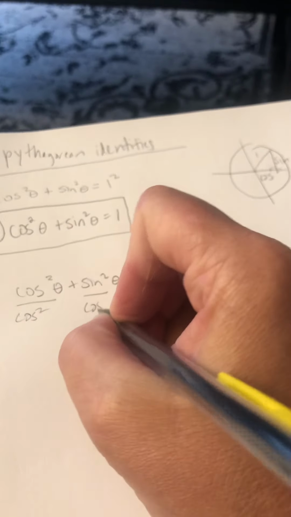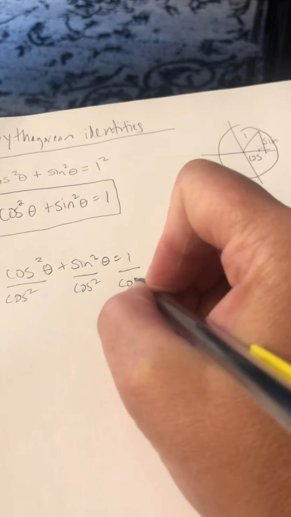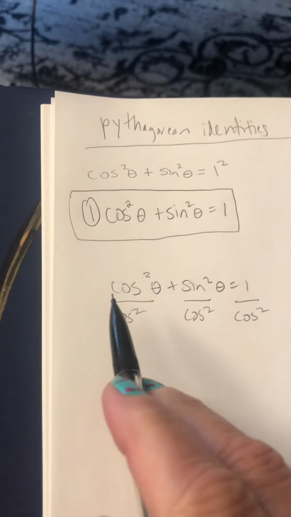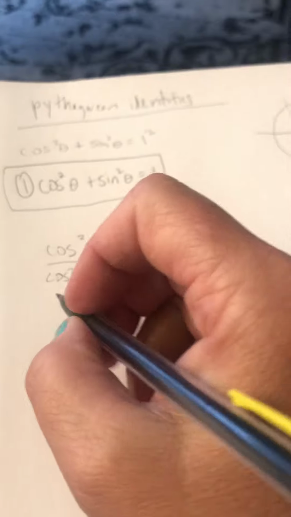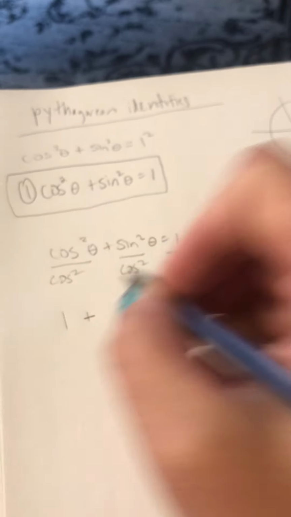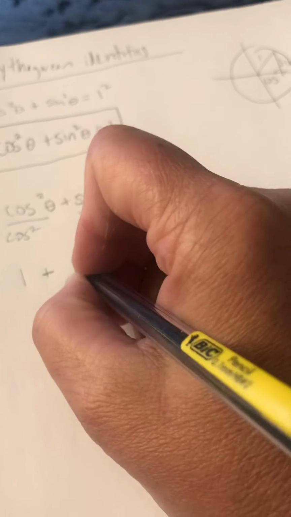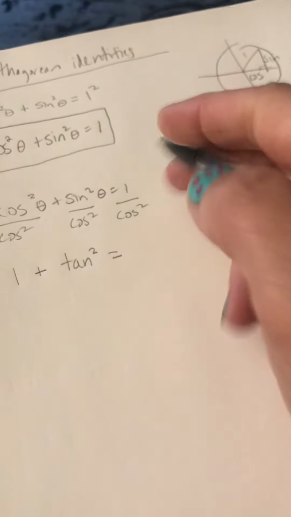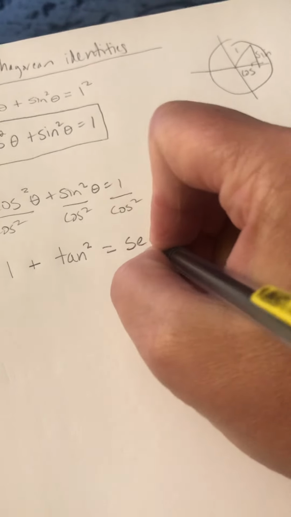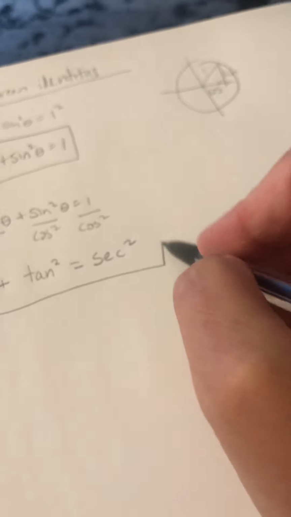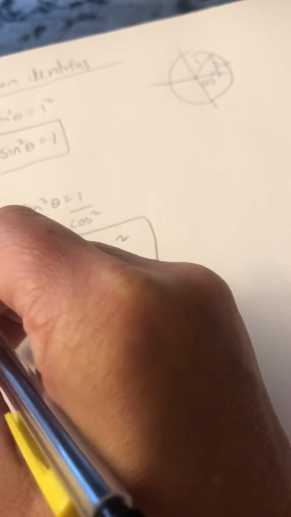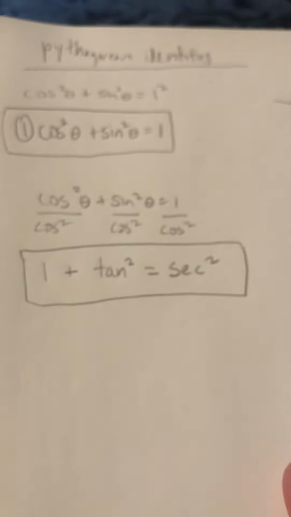Remember, you can do that because you're doing it to everything in the equation. What's cosine squared divided by cosine squared? 1. Sine squared over cosine squared is going to be tangent squared. And 1 over cosine squared is secant squared. So that is our second Pythagorean identity. Okay?